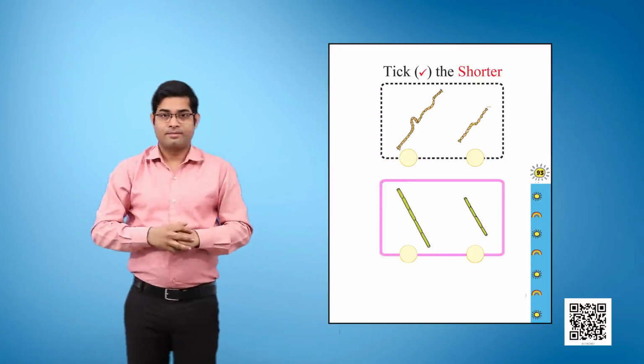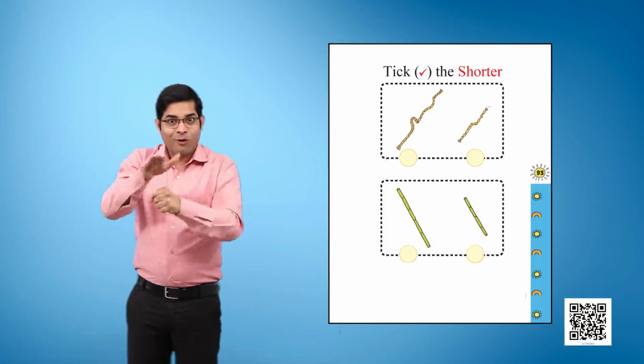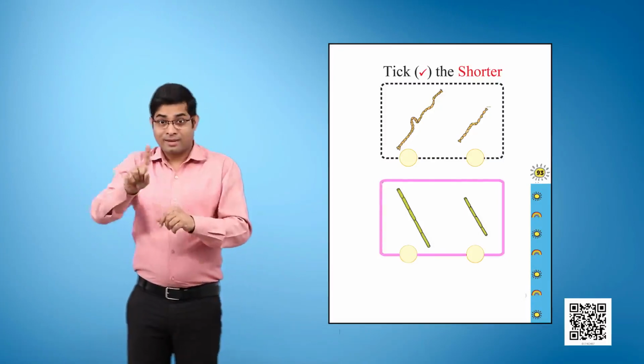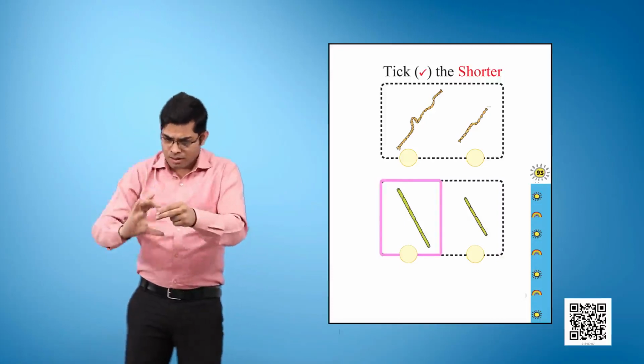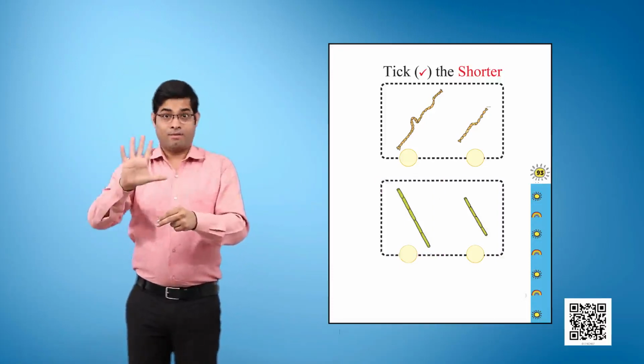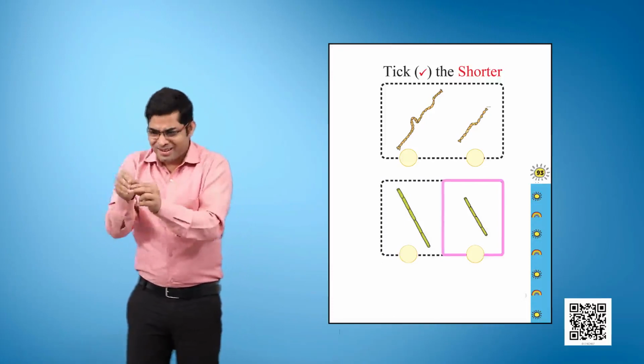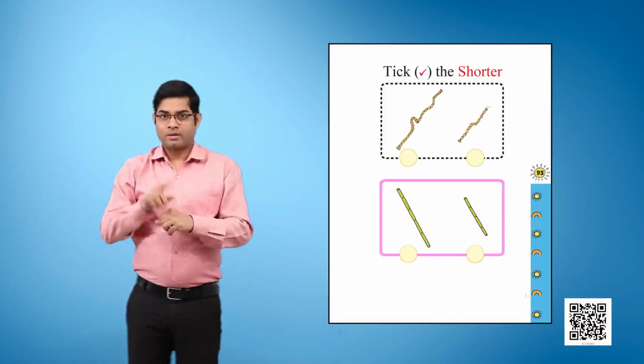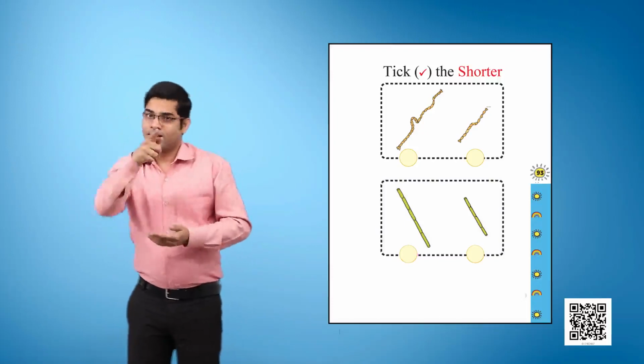Picture 2 shows 2 similar sticks. Stick 1 has 5 sections. Stick 2 has 4 sections. Identify the smaller stick.